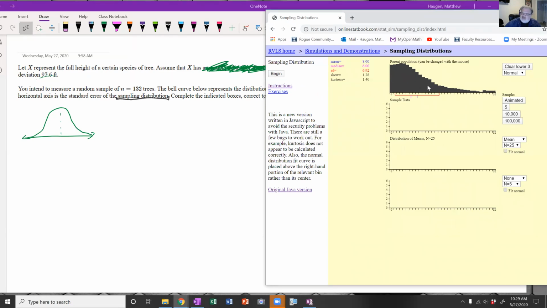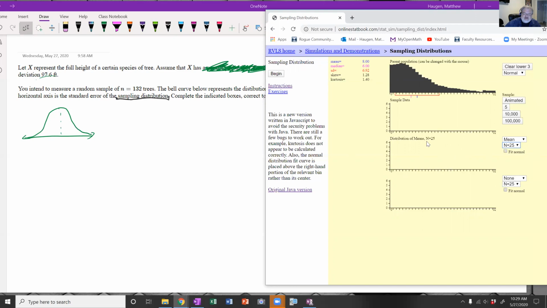That's our population distribution. That's what the trees look like. We're supposed to go out and take a sample. Their sample here is of 123 trees. The highest this tool goes is 25 at a time, so we're going to go with 25 at a time.